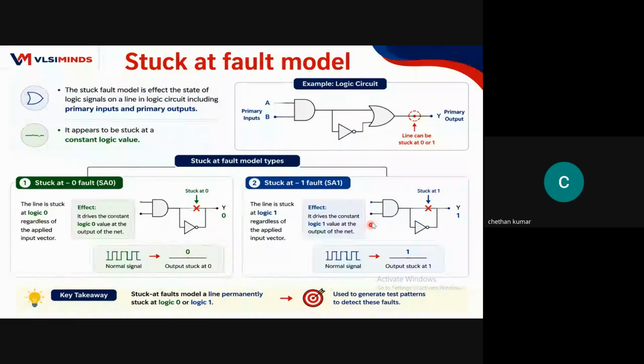If I apply 1 1, the output is supposed to be 1, but if I get 0, I can assume there is a stuck-at 0 fault. That I need to propagate based on the other signals, the other branch or whatever other logic it is connected to. This is how we go about finding stuck-at faults.